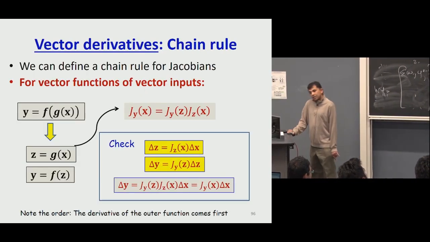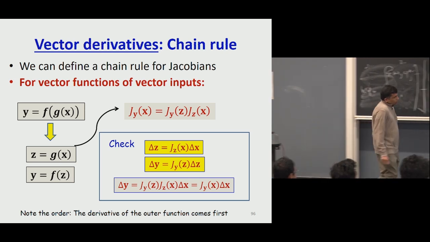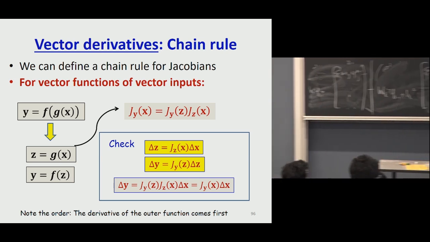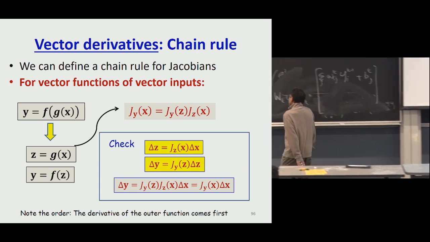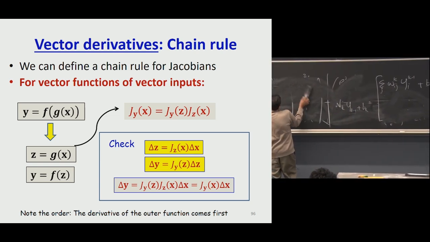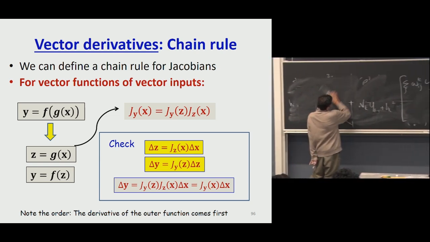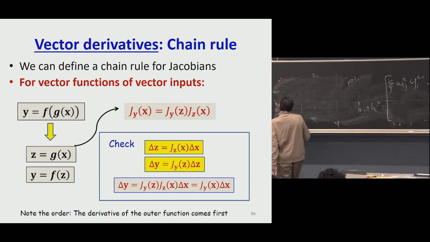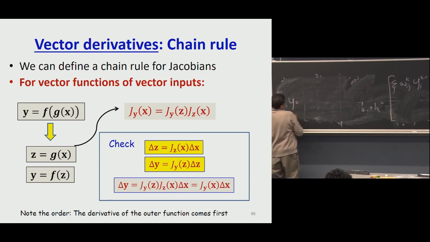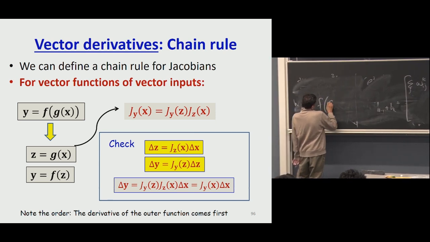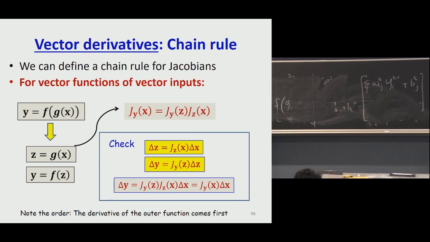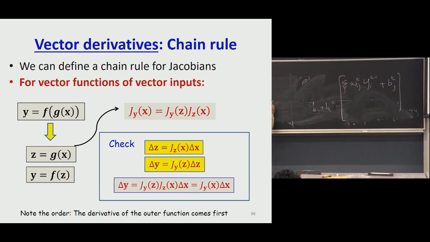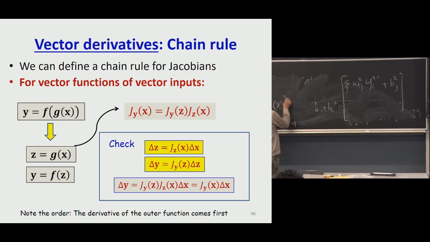Now here's the other thing. We can apply the chain rule even to vector functions. So let's say y is a vector which is a function of z, which is also a vector, which in turn is a function of x, right?